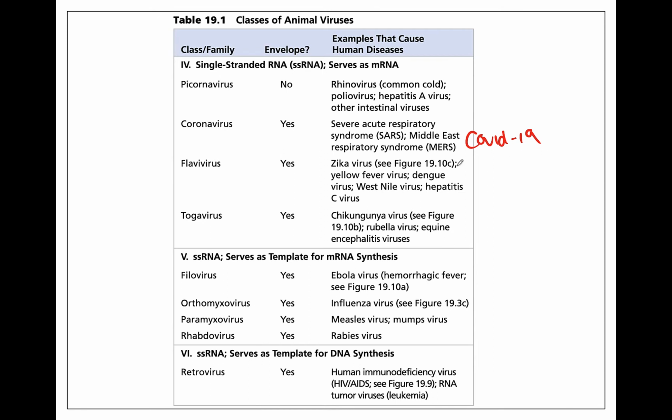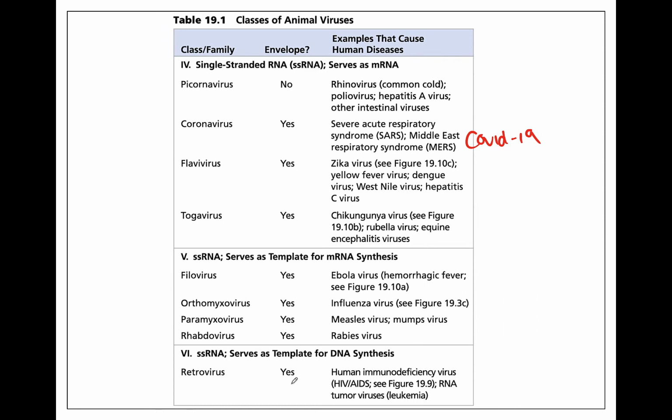The Zika virus, which was common during the last Olympics. Rubella, encephalitis. And then down here we still have single-stranded RNA, which has to be copied over onto another RNA molecule. So things like influenza, Ebola, measles, mumps, rabies.